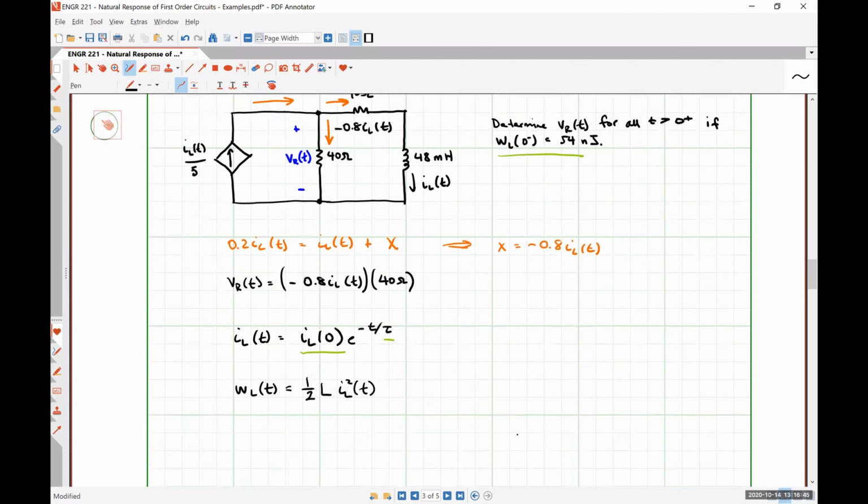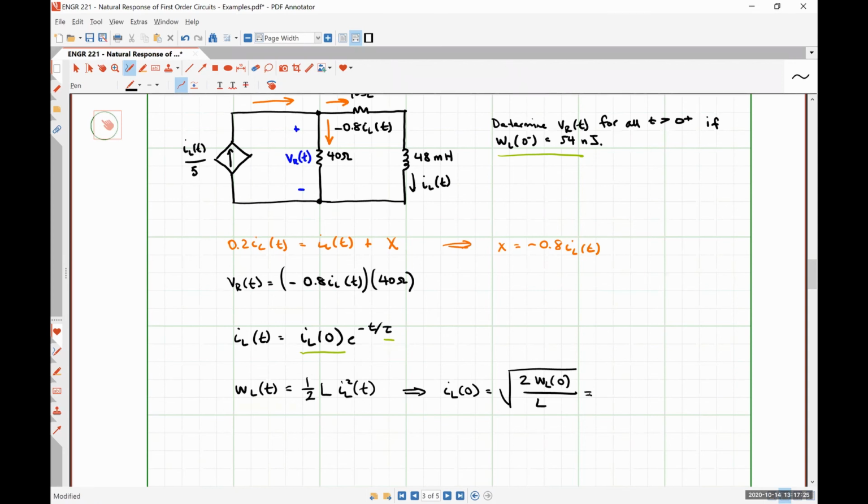So from this, using a little bit of algebra, we should see that IL at 0 is going to be equal to the square root of twice the energy divided by the inductance value. Anybody have any problem with the algebra that I've done? So I multiplied both sides by 2, divided both sides by L, and then took the square root.